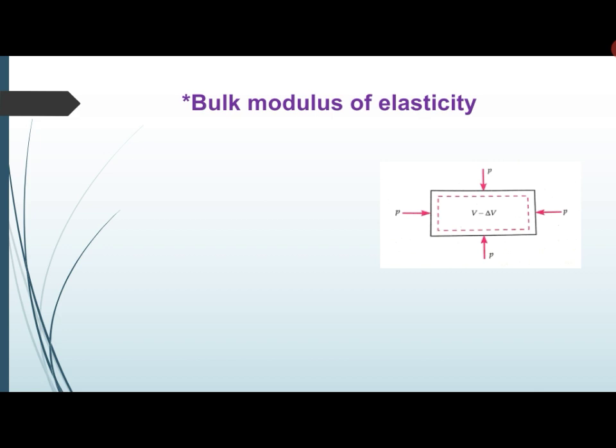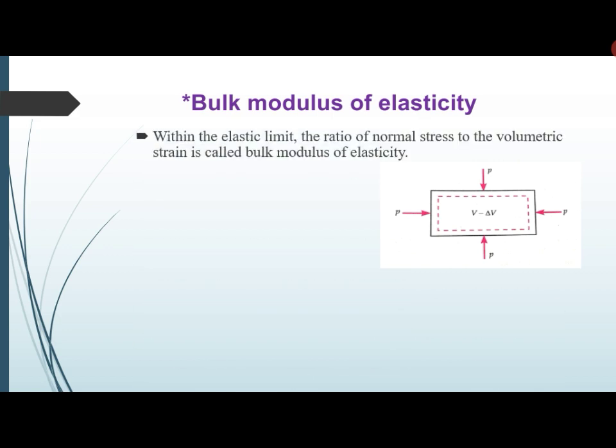So the bulk modulus of elasticity for this object will be given by the ratio of normal stress to the volumetric strain. The formula for this is: stress is force upon area and the volumetric strain is delta V upon V. Now this bulk modulus of elasticity is equal to minus F upon A divided by delta V upon V. This negative sign shows that the volume of the object is reduced by application of the force.